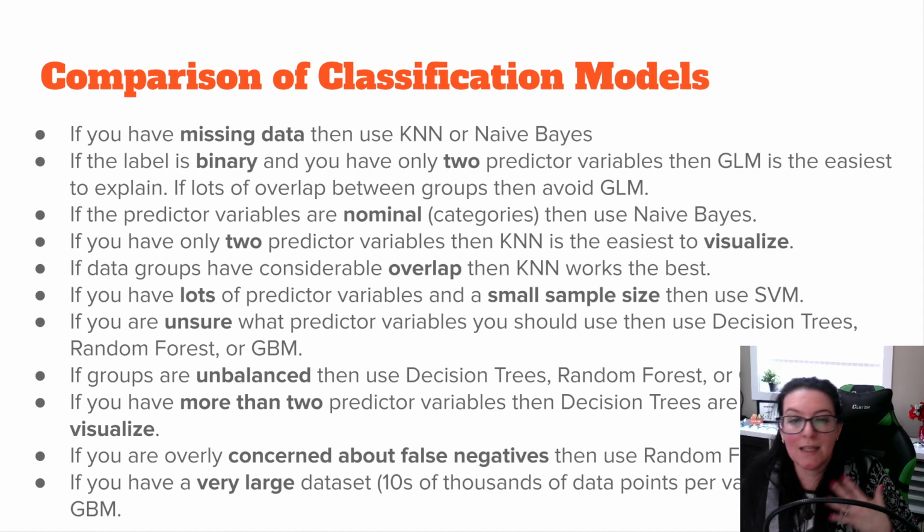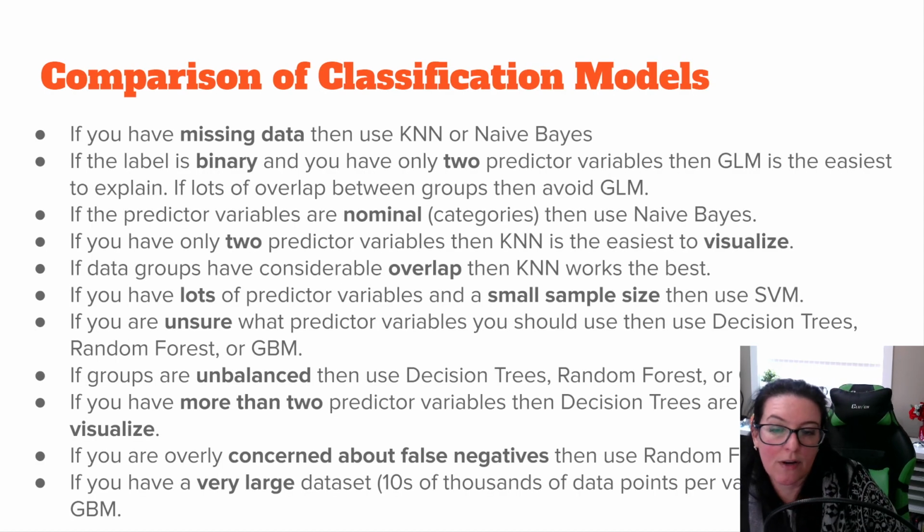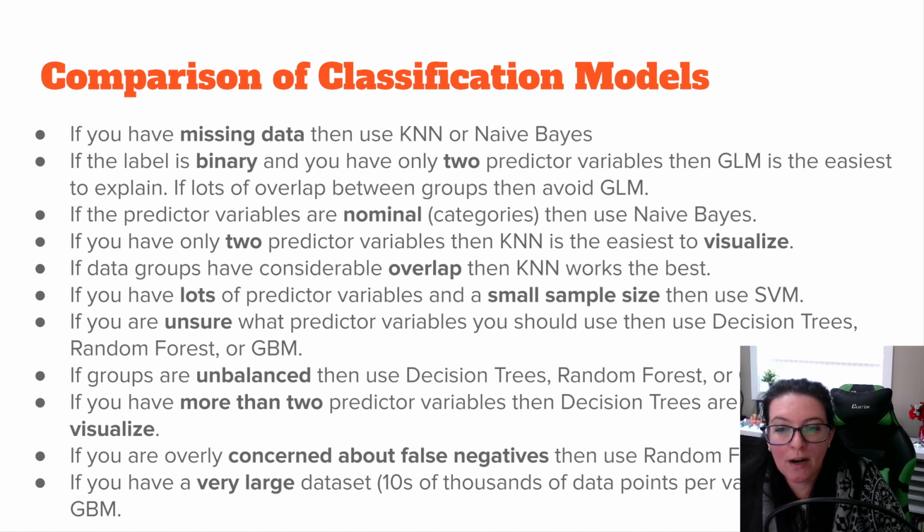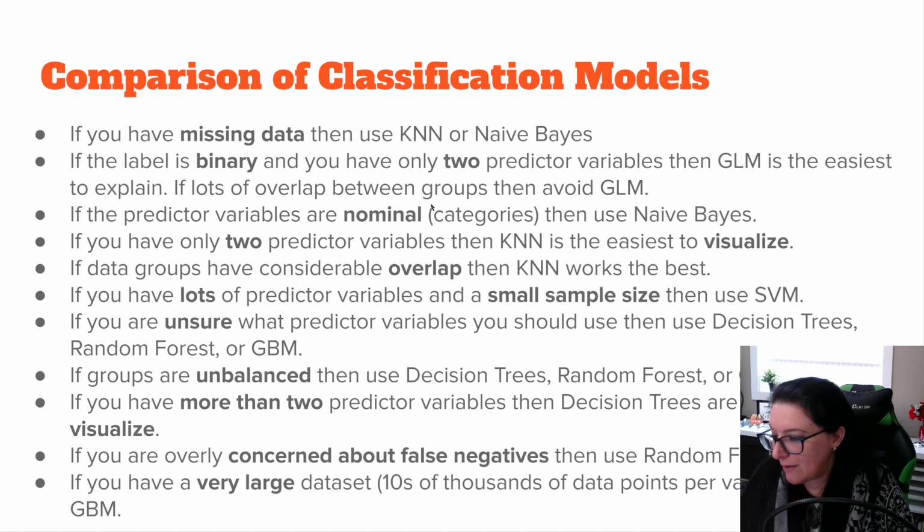So we'll come back to this list once we've gone through these different classification models. But the key here is to identify which classification model is relevant for what you're trying to accomplish. How many variables are you using to predict the label? How big is your data set, right? Is it very small? Is it very large?